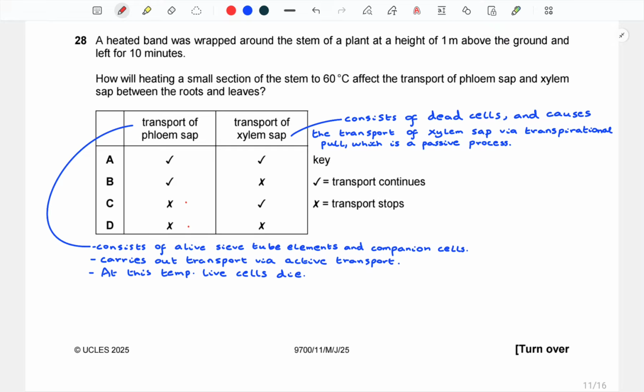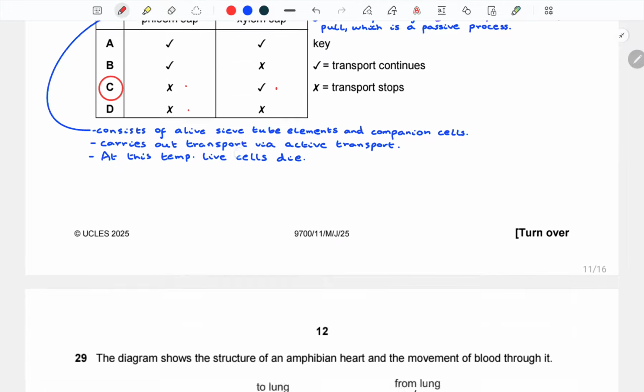Xylem vessel elements are dead, and cause the transport of xylem sap. As a side note, the transport of xylem sap is caused by transpirational pull, happens in only one direction, and is a passive process that does not require energy. And the most important point is that it contains dead cells. So at 60 degrees Celsius, they will not be affected by this high temperature. Hence, this will continue to occur. So for 28, our answer should be C.